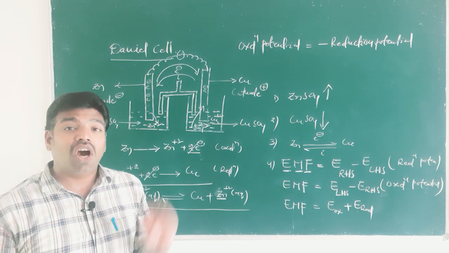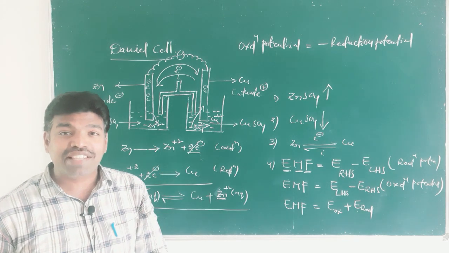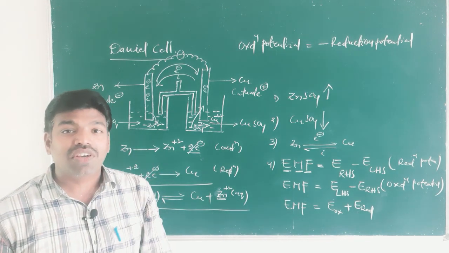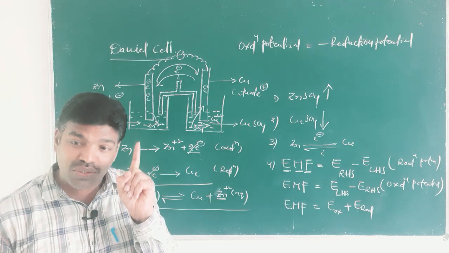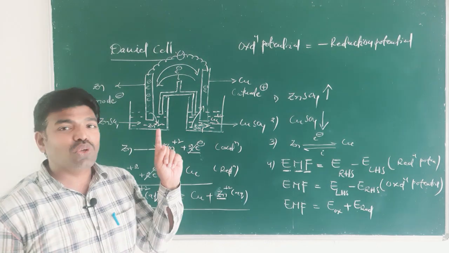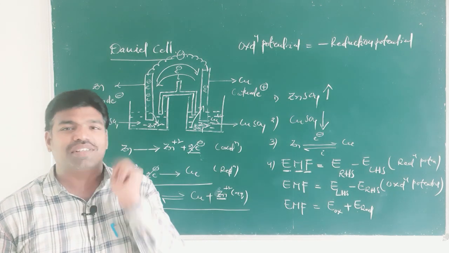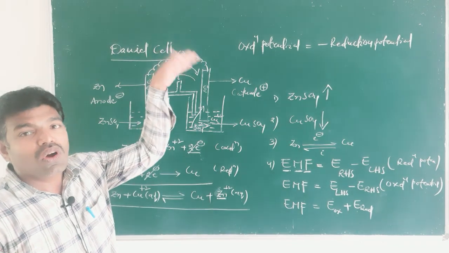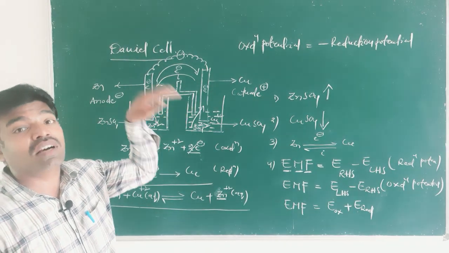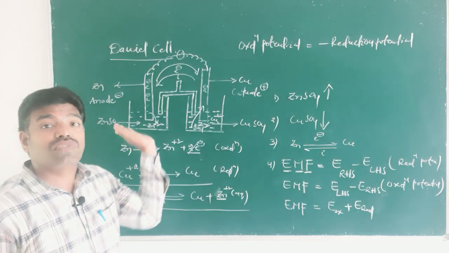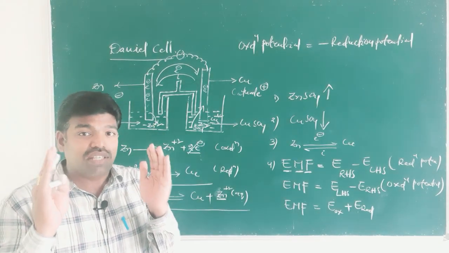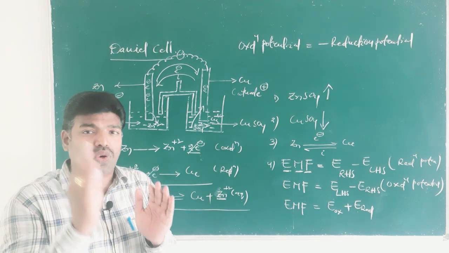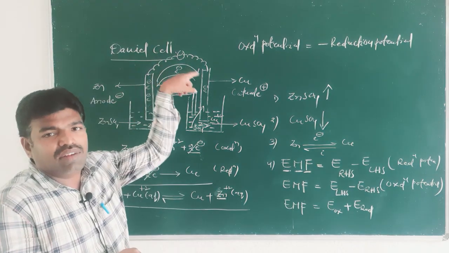And Daniell cell is a device which converts chemical energy into electrical energy, where the anode is negatively charged electrode and cathode is positively charged electrode. In the Daniell cell there is a flow of electrons from left to right. Why right? Because electrons always move towards the higher positive charge electrode side. That's why electrons flow left to right.